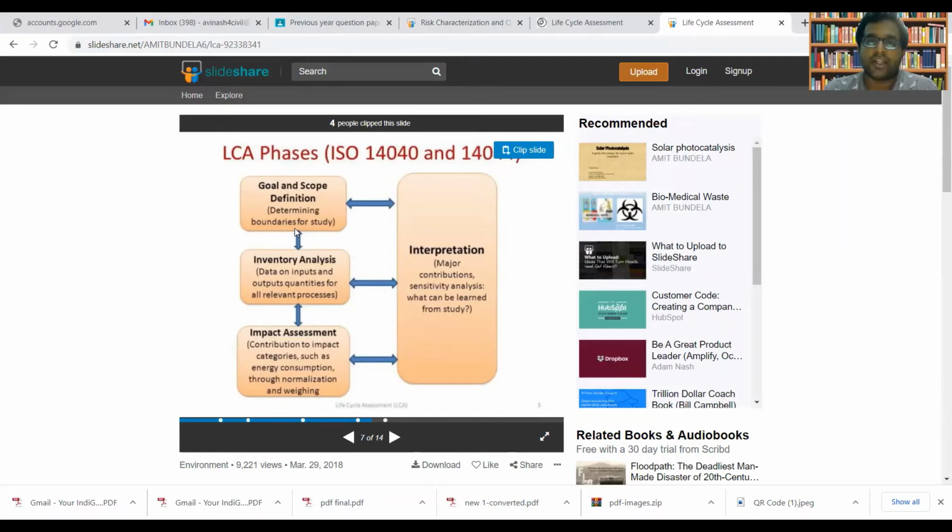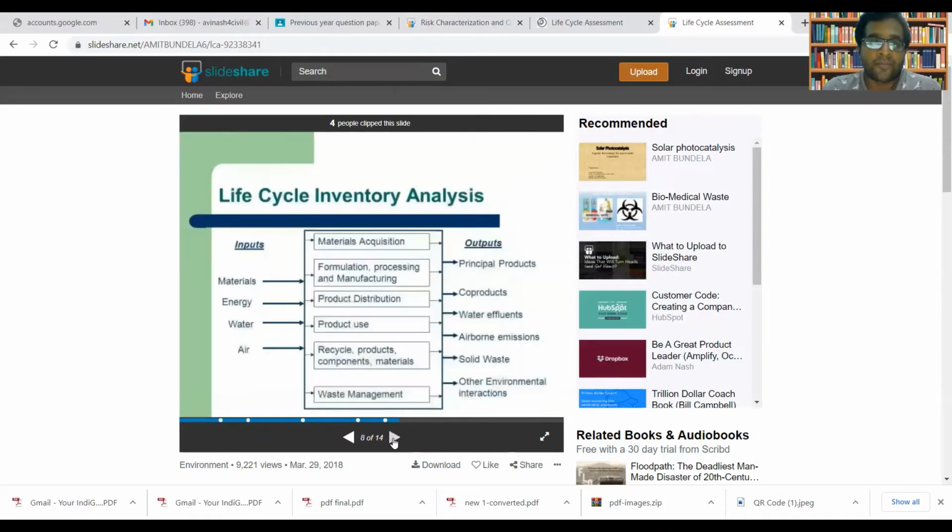So impact assessment is very much important. And final one is interpretation. How will you interpret, what are the major contributions, sensitivity analysis. All these things will be included. So these are the phases in life cycle analysis: goal and scope definition, inventory analysis, impact assessment, and interpretation.